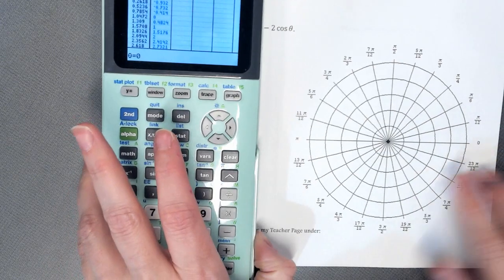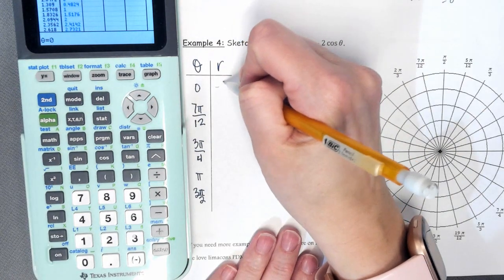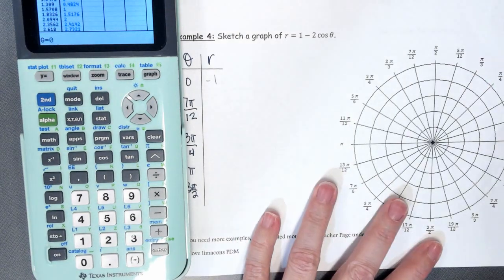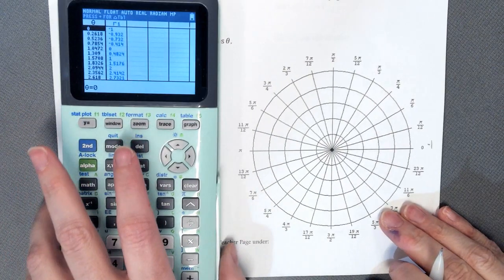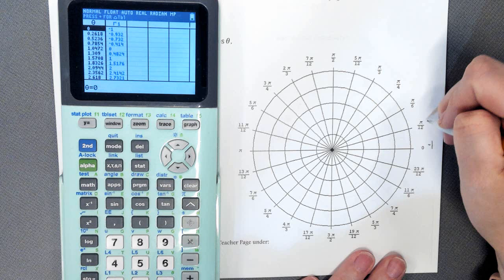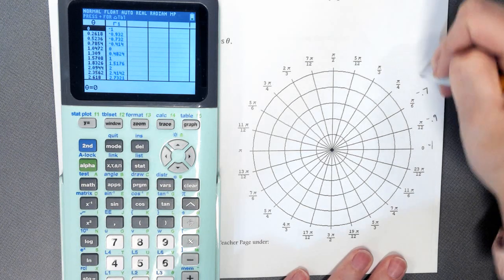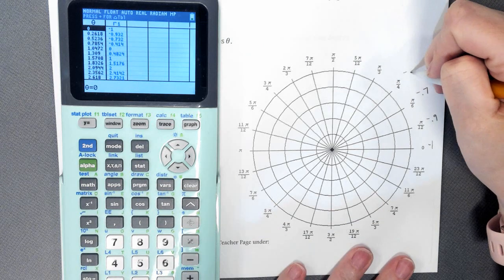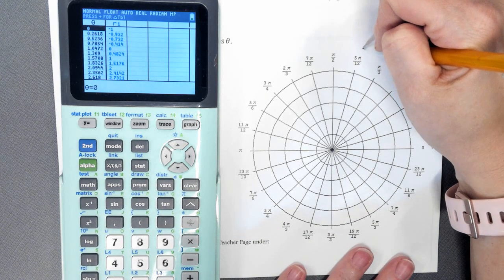Okay, and then some of these are ones on your graph, like the -1, so you can put that there. Okay, and then again, you can just round. Rounding to the nearest tenth is fine because you're not going to be able to estimate much more than that.